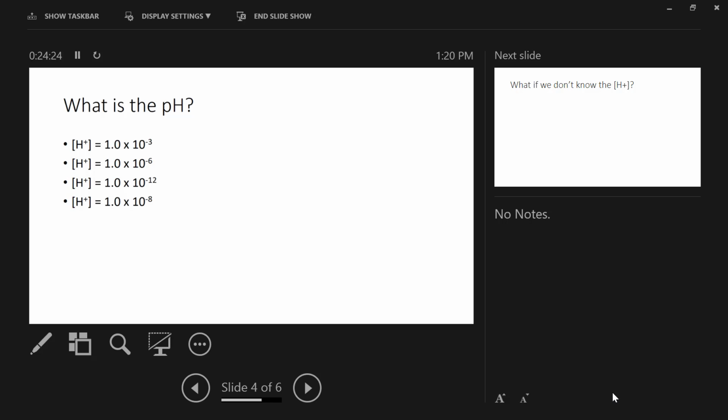Because 1 times anything is the same thing. And so we could say negative logarithm of 10 to the minus 3. And this is saying 10 to what power is equal to 10 to the minus 3? Well, it'd have to be minus 3, right?